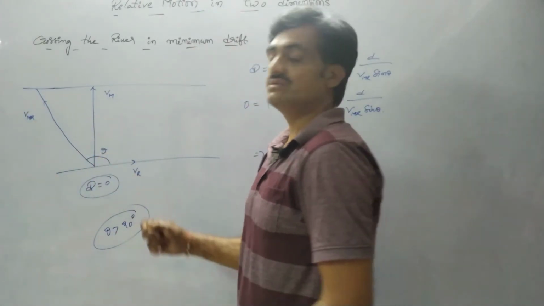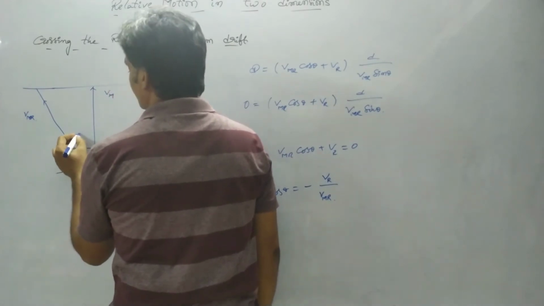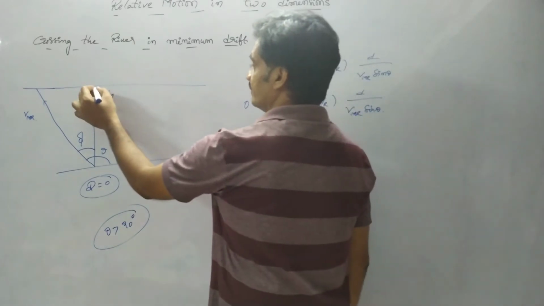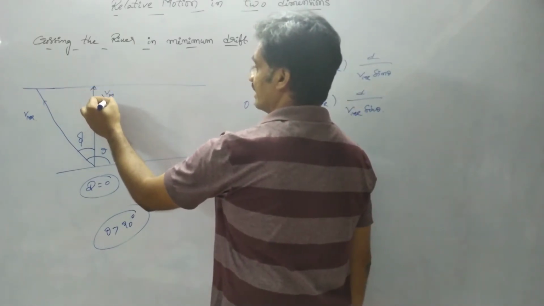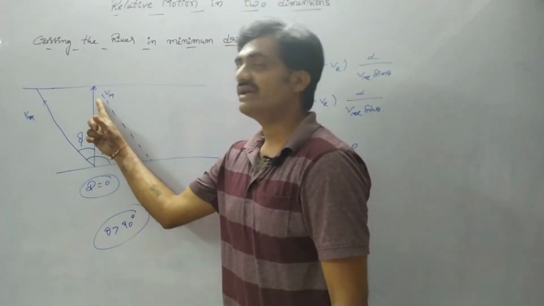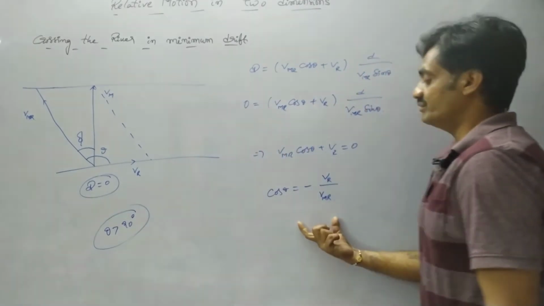With respect to vertical, the velocity of the man with respect to river makes an angle of phi. If you draw the same line parallel, it will be like this, which makes an angle of phi at this location. So now based on that, we can represent the minimum drift.